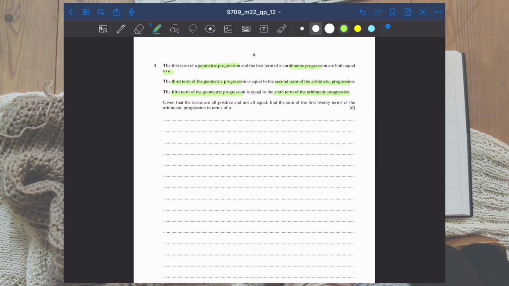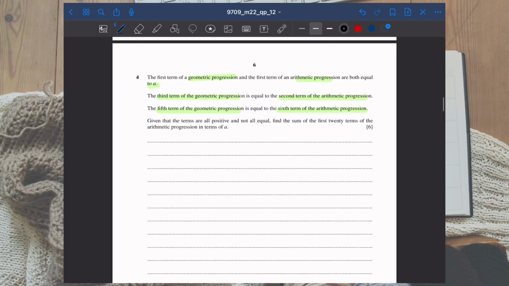Okay, that is a lot of info. Let's try to break it down one by one. In this case, let's refer to the terms in a geometric progression as Un, and the terms in an arithmetic progression as Tn, to not confuse ourselves.